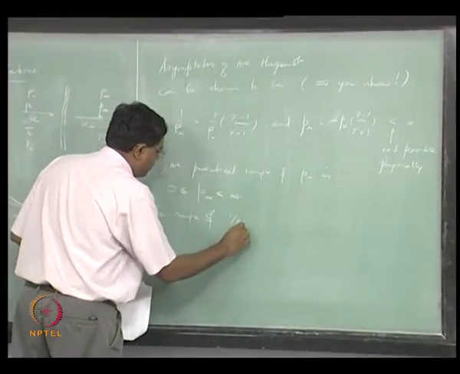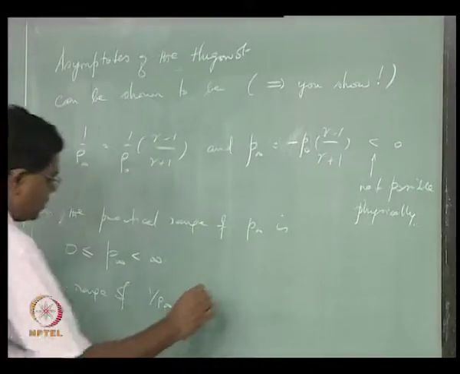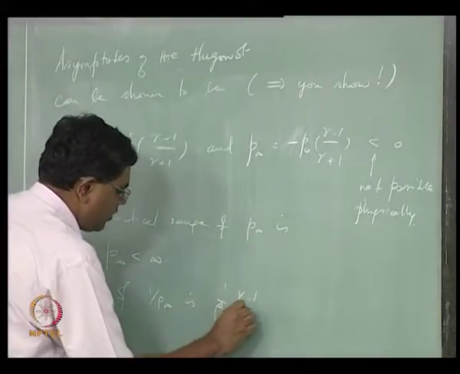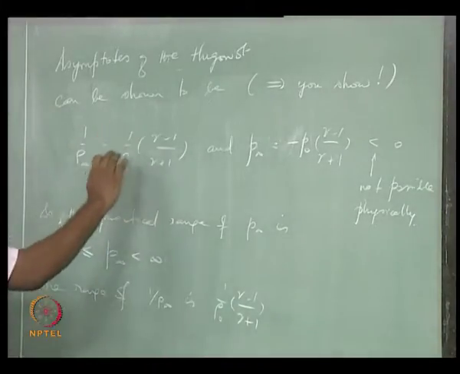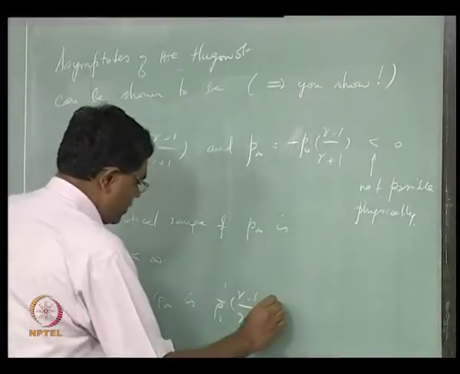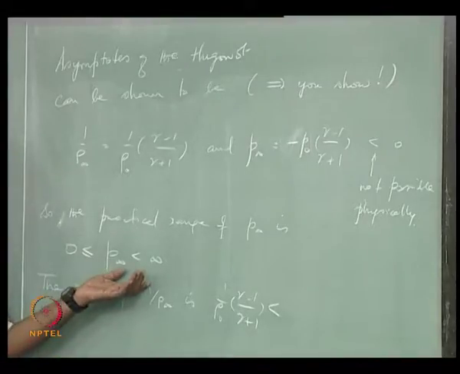So the range of 1 over rho infinity is 1 over rho naught times gamma minus 1 divided by gamma plus 1, which is what we have for the asymptote we saw a little earlier, and you're not going to really touch it because it's an asymptote, and therefore you're not going to really touch p infinity equals infinity.